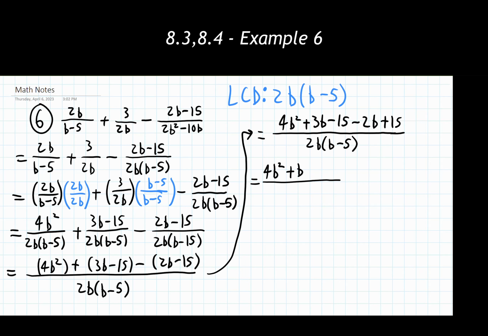And then I have a minus 15 plus 15. Well, those are going to cancel out, and I don't have anything else showing up in that numerator spot. So I can actually make this thing a little bit smaller here. And then just have my denominator of 2b times b minus 5.